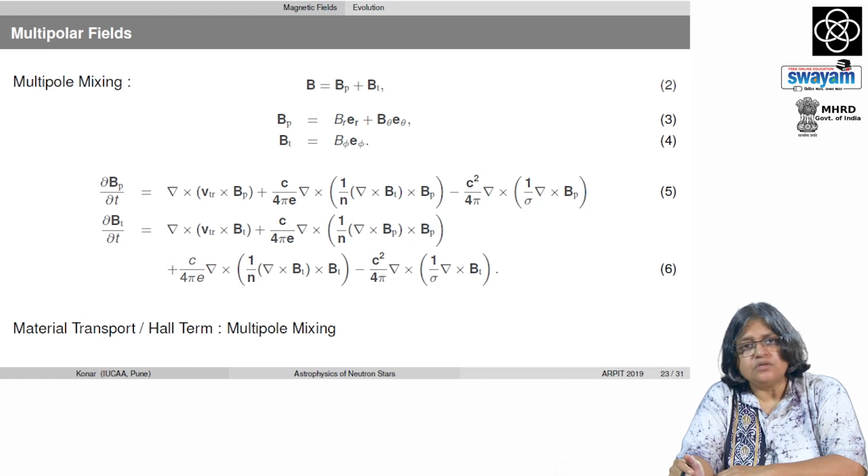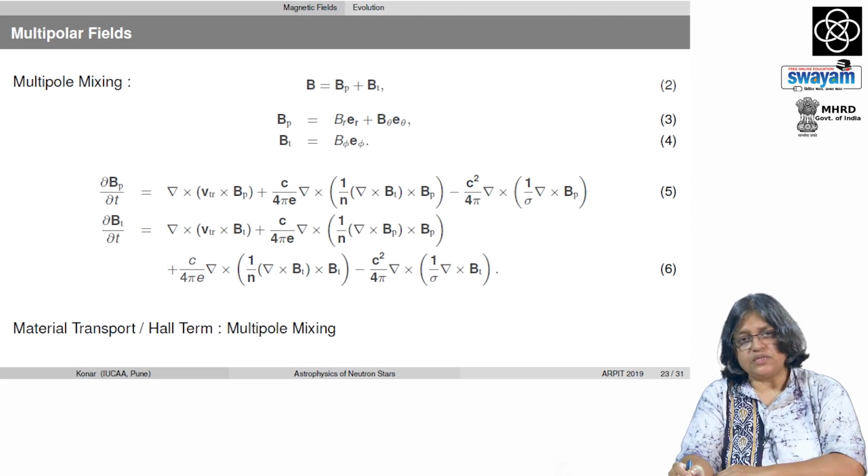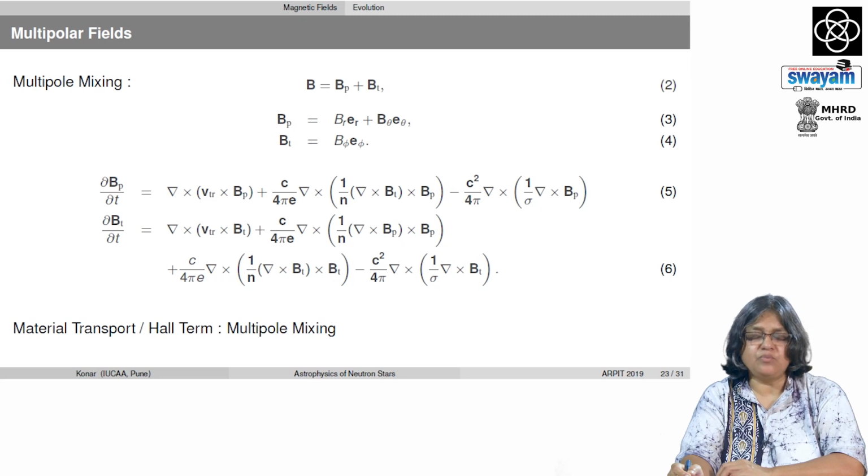Now, we were talking about multipolar fields. The magnetic field we have so far considered has been purely poloidal. Even when we considered higher multipoles, we kept the magnetic field purely poloidal. What happens in reality might be different.